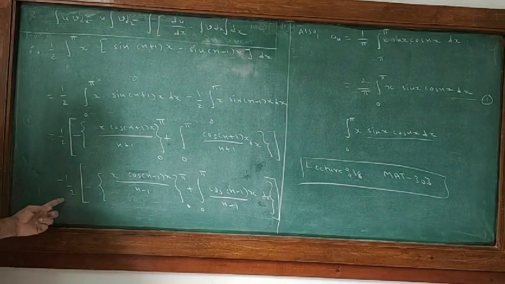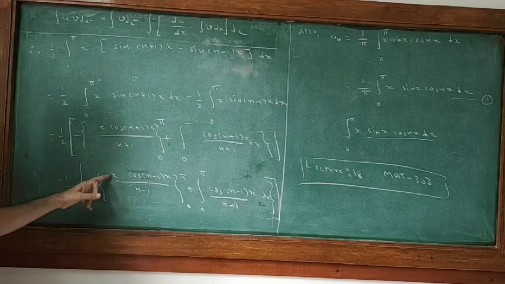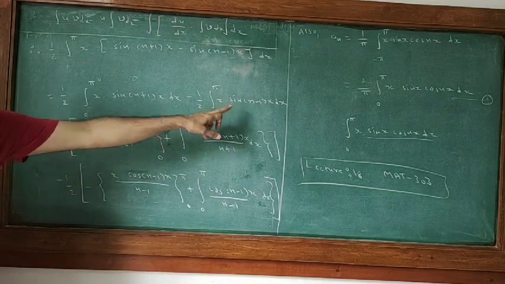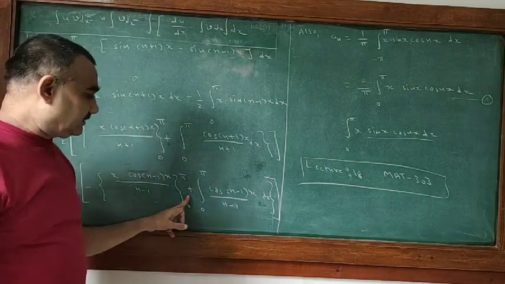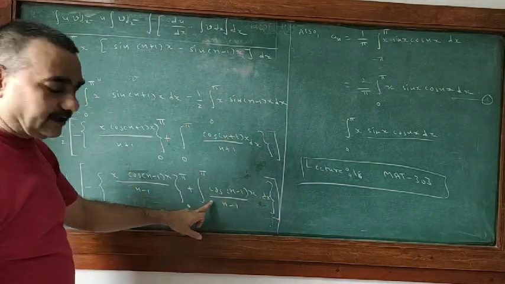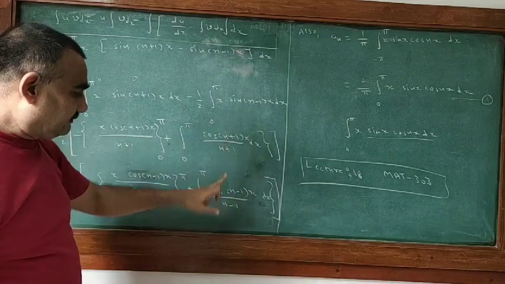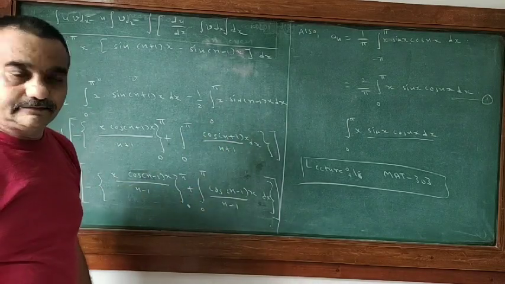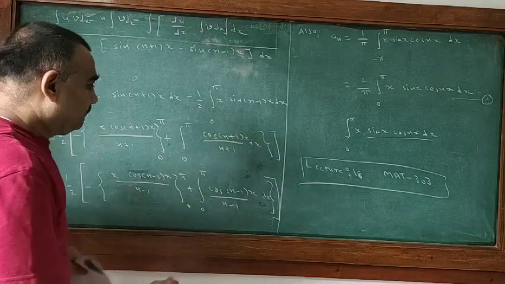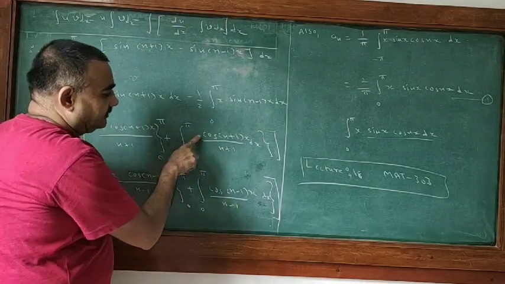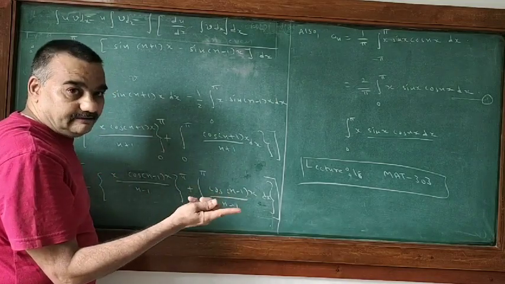Minus 1 by 2. The same here. x, integration is minus cos. Actually there is a sign of minus. Differentiation of x with respect to x is 1. Minus minus becomes plus. And therefore this is not in calculation. But whenever we integrate this term, the next term will be sine.